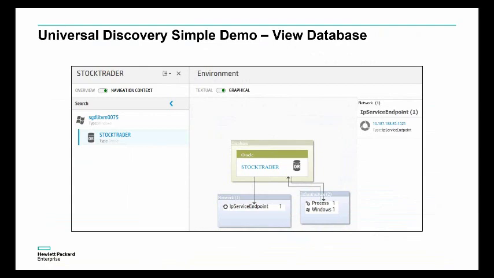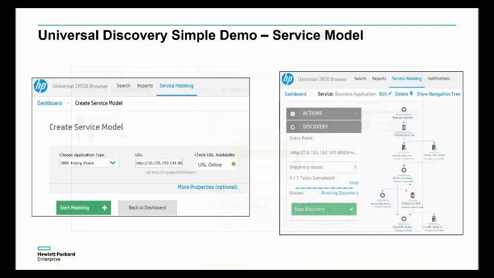I happened to click on the IP service endpoint, so you could see that content there. And there's so much more that we can show you on this, but in the context of this particular webinar, this is what we're looking at.